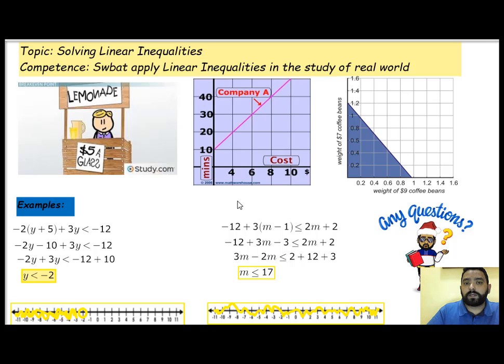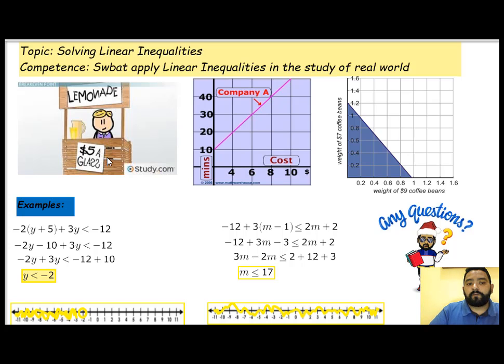We represent an inequality with a symbol: less than, greater than, less than or equal to, or greater than or equal to. And equations are represented with the equal sign. Here we have three examples of inequalities in real life.